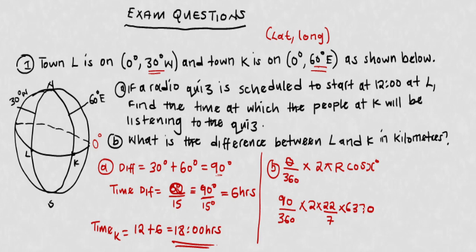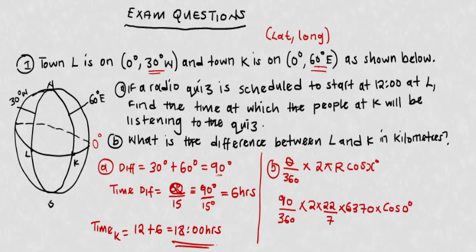So that's the radius of the earth in kilometers. Then we're multiplying with cos x. Now what is x? X is just our latitude. Both L and K are lying on the same latitude, which is 0 degrees. So it will be cos 0 degrees.